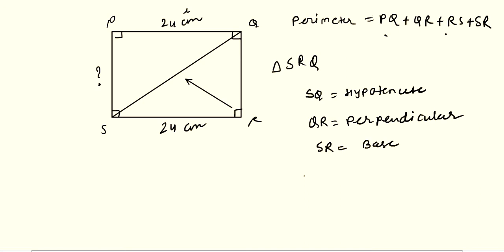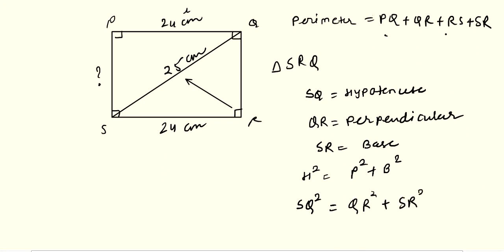As you know about Pythagoras theorem, the diagonal is given as 25 centimeters. Pythagoras theorem says: hypotenuse square equals perpendicular square plus base square. Hypotenuse is SQ, so write SQ square; perpendicular is QR, so write QR square; plus base is SR, so write SR square.